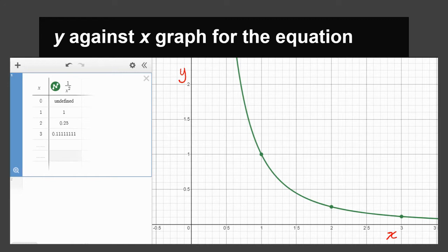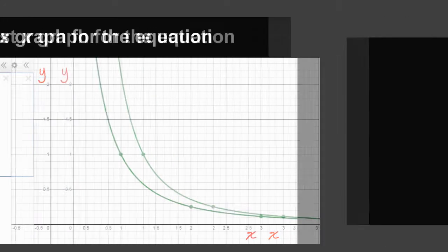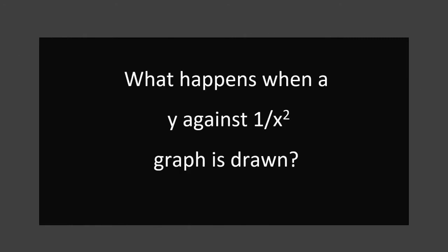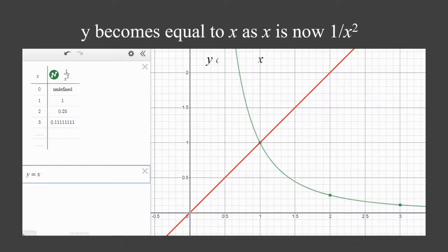Now the same equation can be drawn differently. You can draw a graph of y against 1 by x squared. Now what will the change be like? Let us have a look. On the same graph y against x, I have also drawn the y against 1 by x squared to show you the difference.